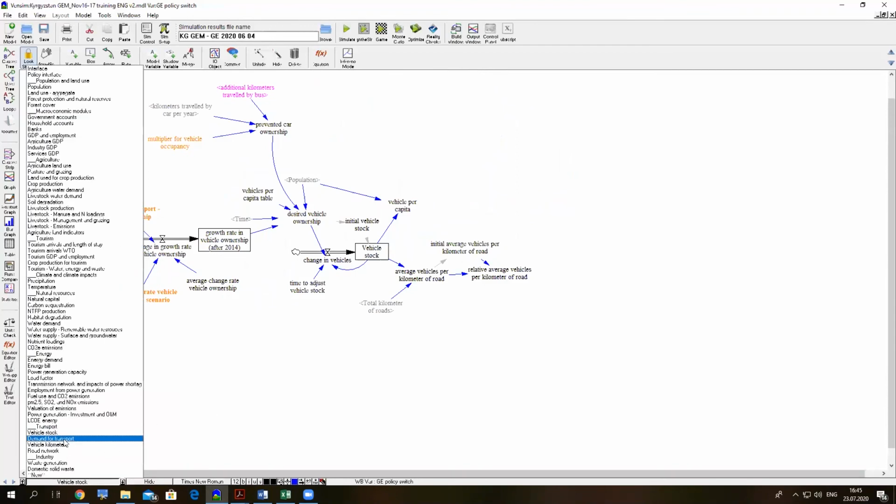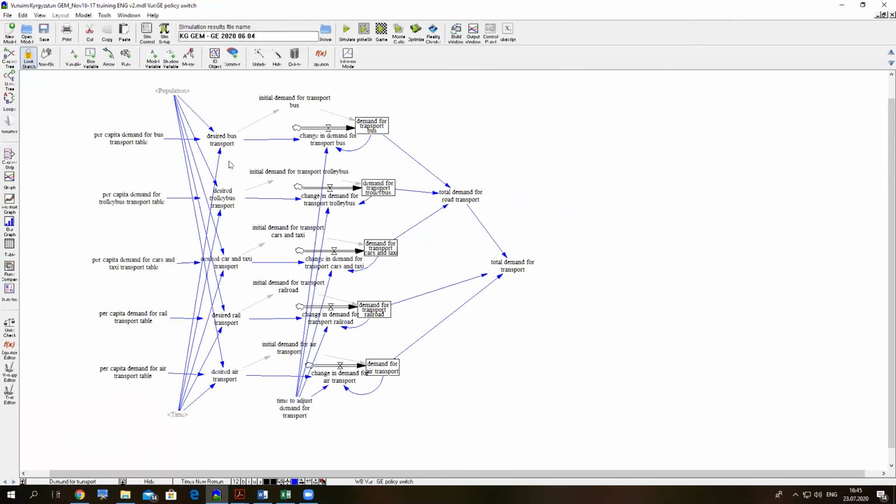And with demand for transport, I will add some variables for public transport, and demand for microbuses also, which will show the transition from microbus to eco buses, to big buses and trolley buses. Okay, that's fine.